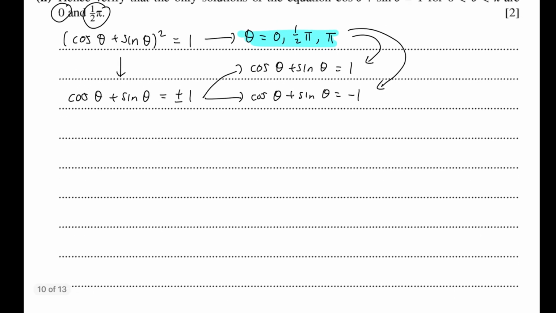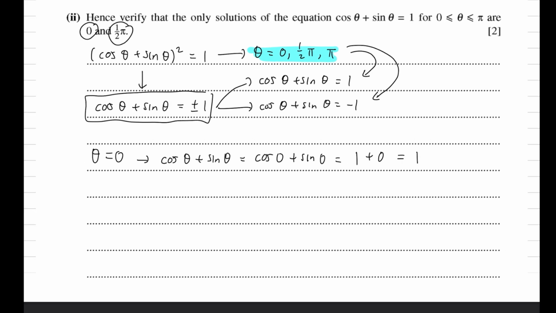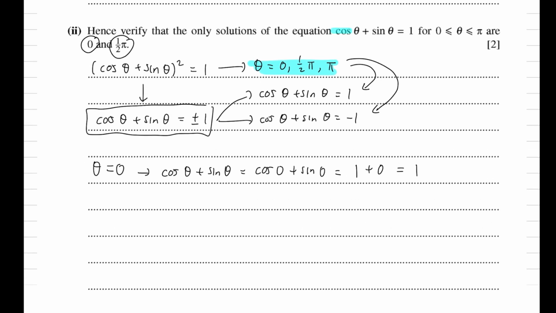So let's substitute theta equals 0 into our equation, cos theta plus sin theta, which equals cos 0 plus sin 0. Cos 0 we know equals 1, plus sin 0 equals 0. So it equals 1, which satisfies our equation. It must equal 1, not negative 1. So this is our goal here.